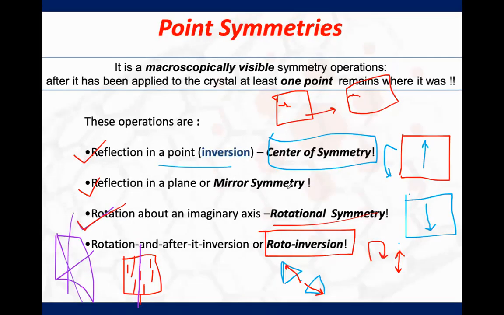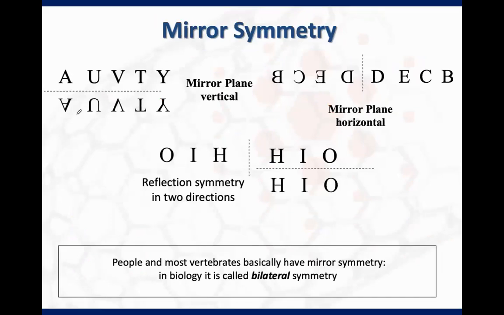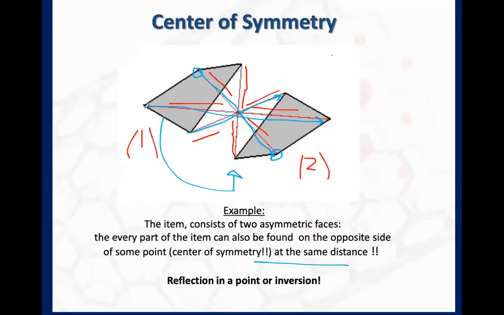The mirror symmetry is always associated with exactly you placing a mirror. So these are examples. Actually, we take some examples from outside the crystals for us to clearly understand this. Even this one, you can construct a crystal there.